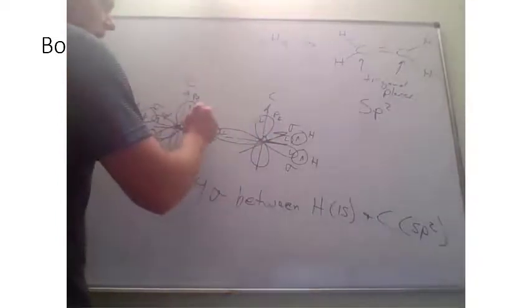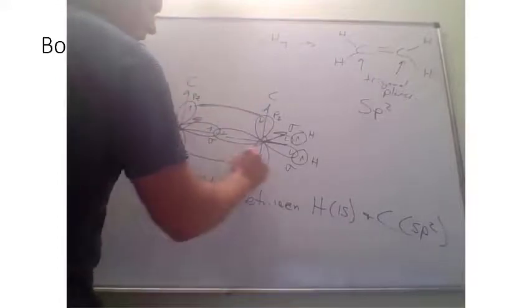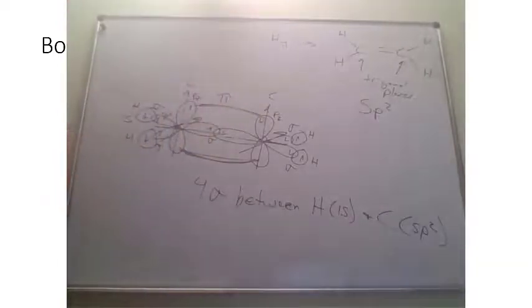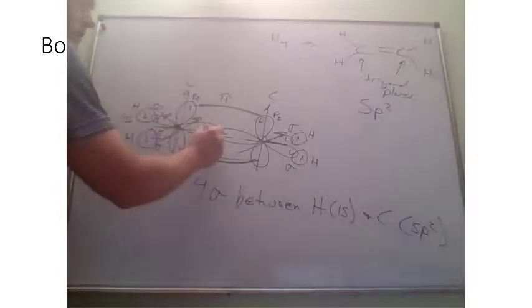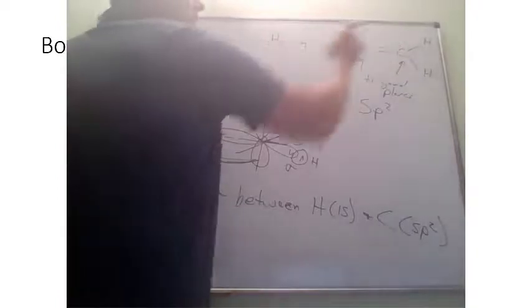And then we have 2 electrons here in our p orbitals that are going to overlap above and below, which is going to form a pi orbital. Okay, so you can see we have 2 separate bonds, a sigma and a pi. And so that's going to describe the double bond.